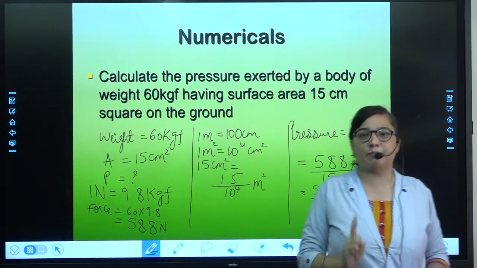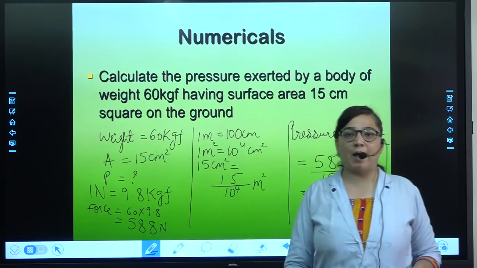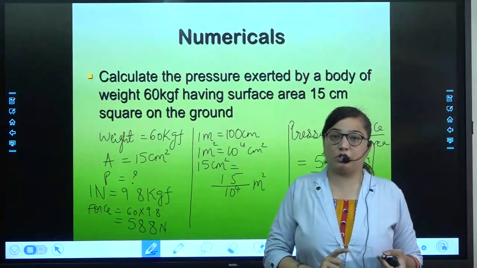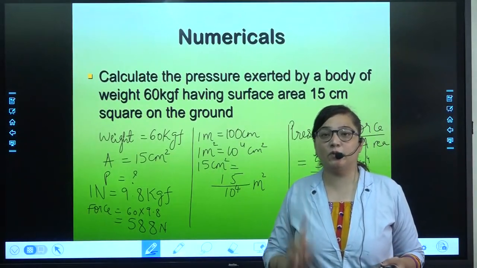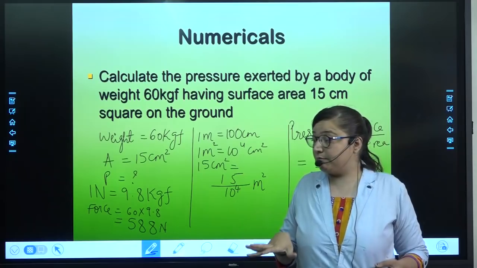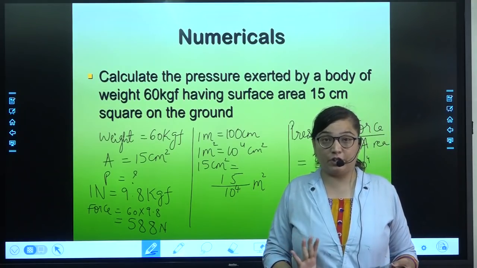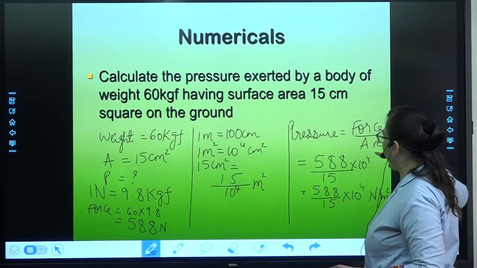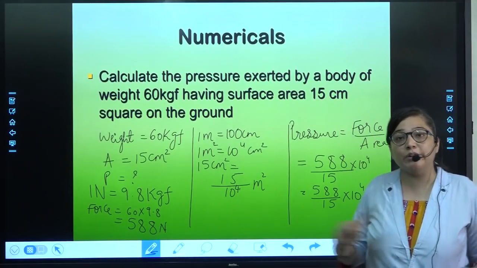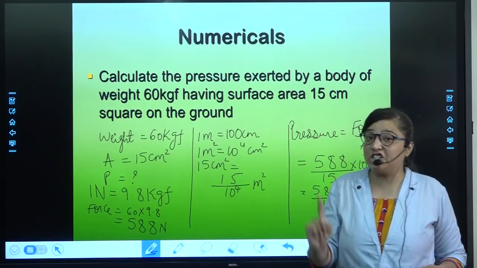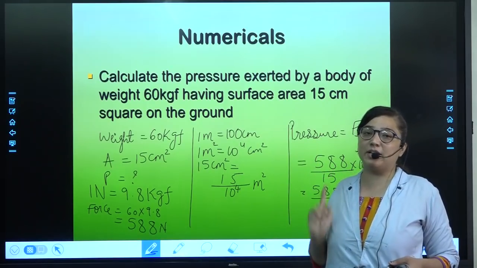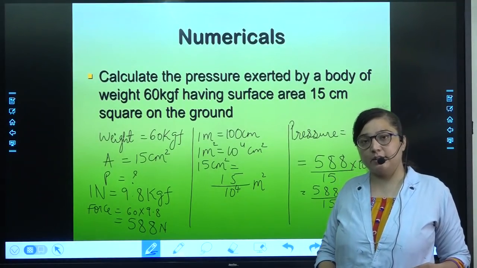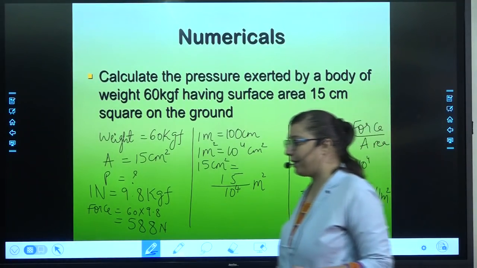The conversions are a must, especially for numericals. When you are doing any numerical, be very cautious, especially with the units. You cannot put kilogram force in one place and centimeter in another. That's not fair. You have to convert everything as far as possible into SI units. Then and only then do it. Alright, so note down this numerical.